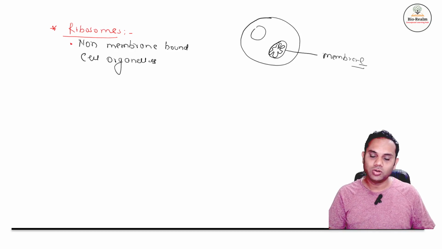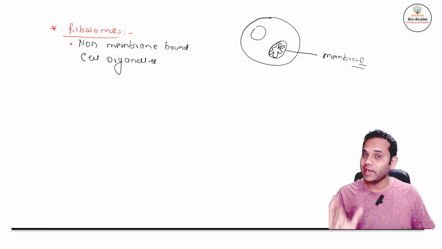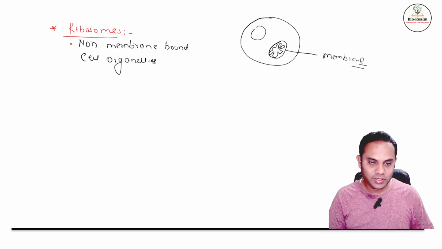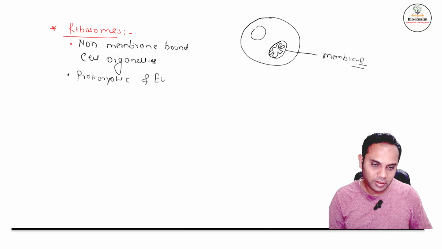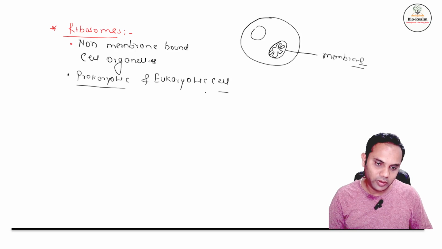So we are talking particularly about ribosomes. That ribosome is a non-membrane bound cell organelle, and it is present in both prokaryotic cells and eukaryotic cells. It is present in both kinds of cells, prokaryotic as well as eukaryotic.